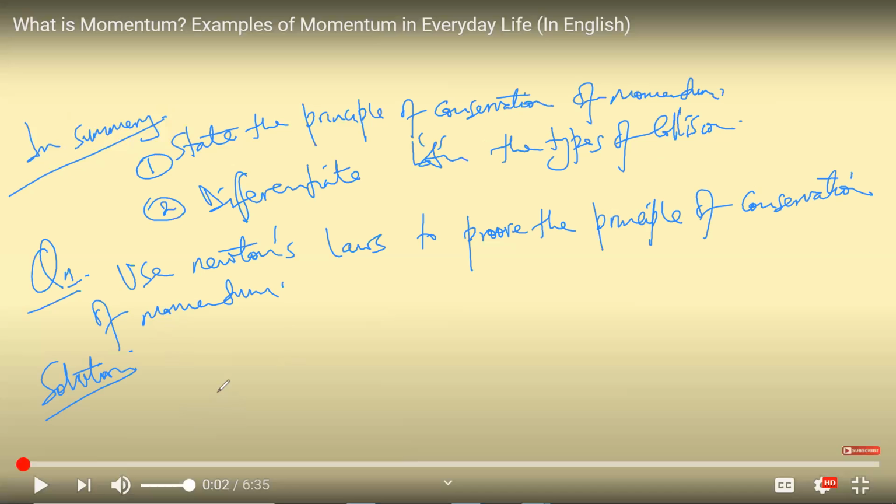So, yes, we can say this, that we consider two bodies. Remember that in momentum, we're going to simply prove that total momentum before collision is equal to total momentum after collision.